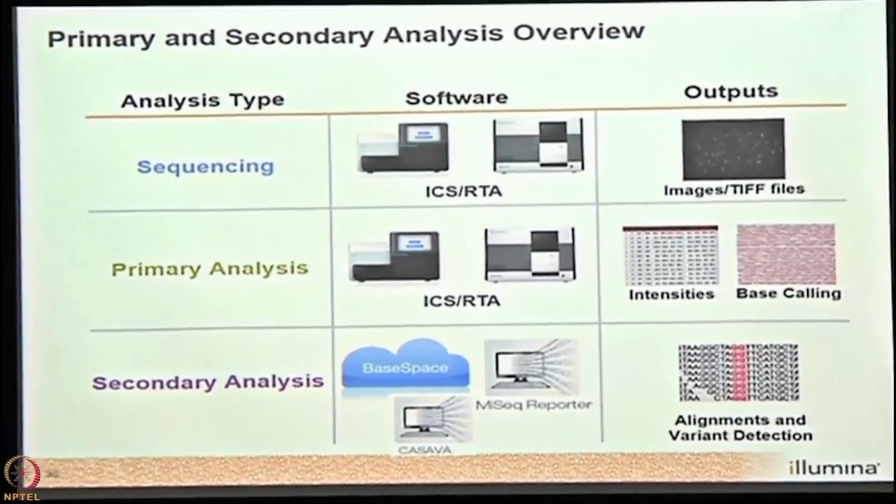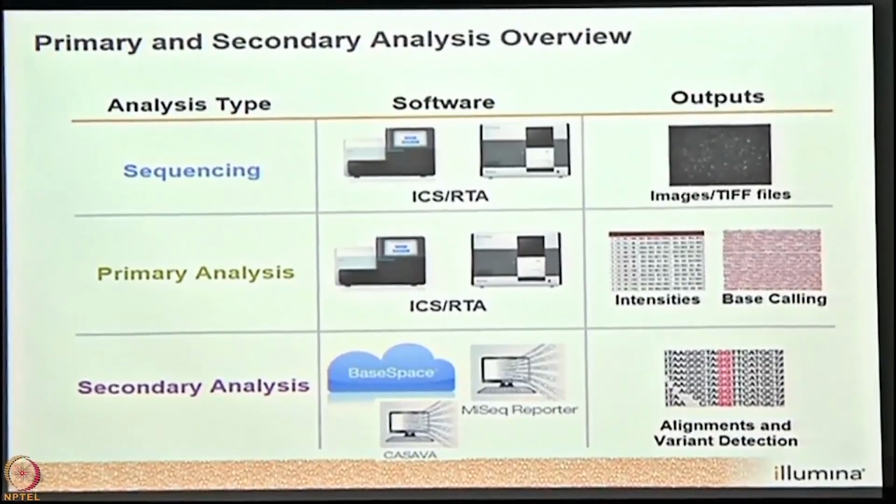Once your bases are added, those are detected in real time, right? Once we are done with cycle 1, let's say, you will get all the base calls file. So it extracts the intensities from the bases and converts those intensities into base calls. So you'll be getting .bcl files on board.